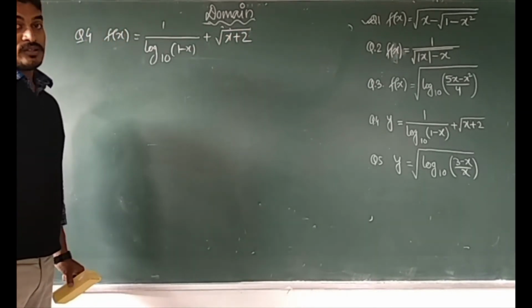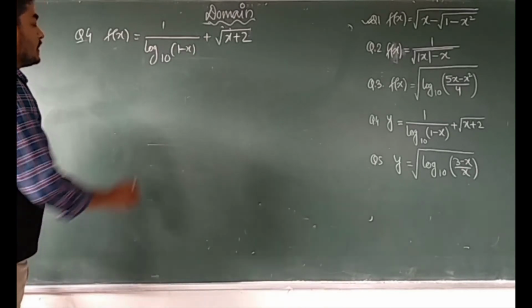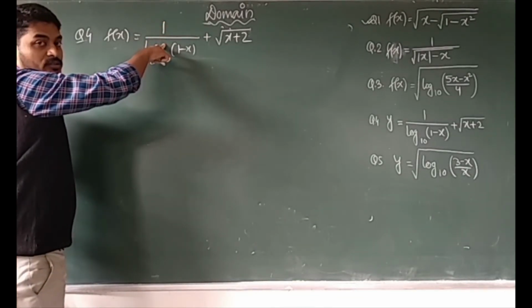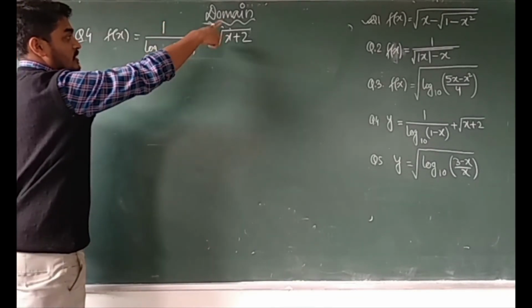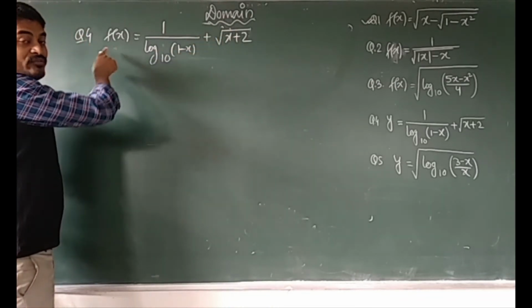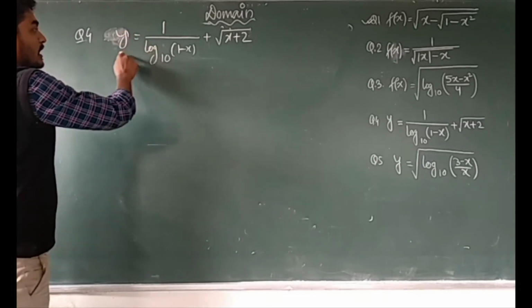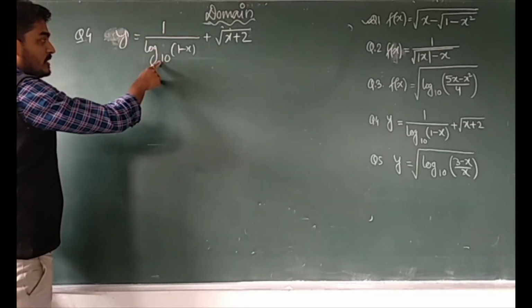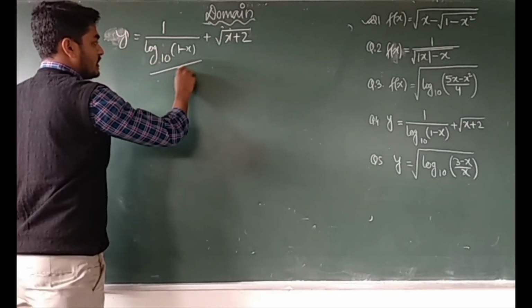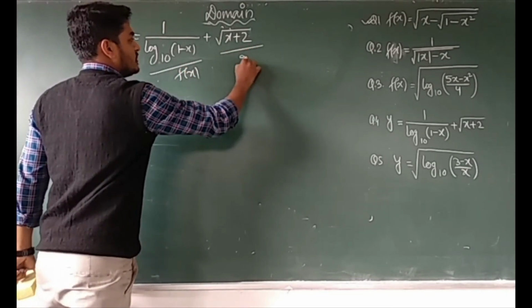We will find it in a systematic way. This is the first function and this is the second function. That is, y is a sum of two different functions. Suppose this one is f of x and this one is g of x.